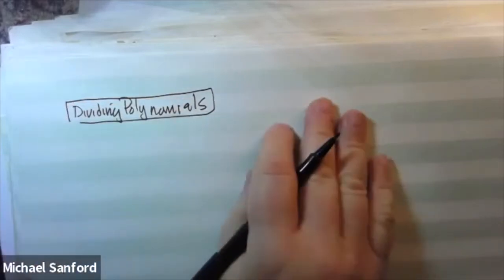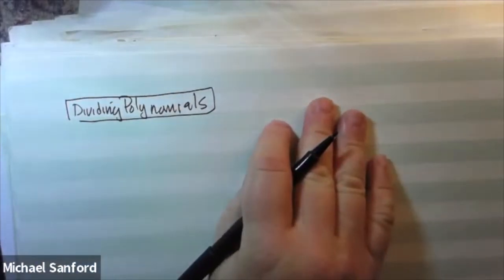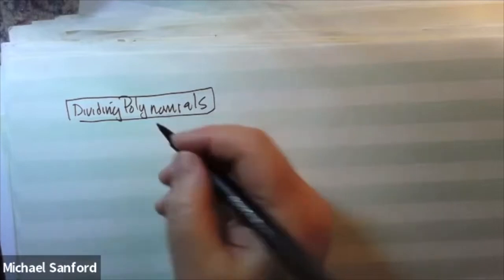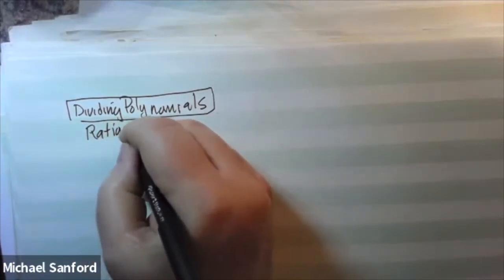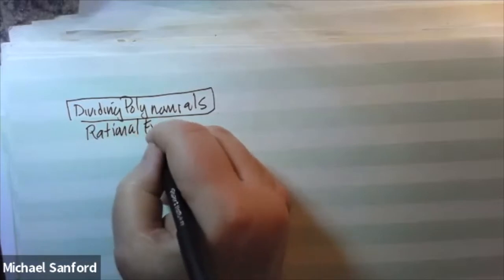Right? We did adding before, and factoring. Every time we deal with this stuff, I know there's another section, like in college algebra, where they do rational expressions, they're called.